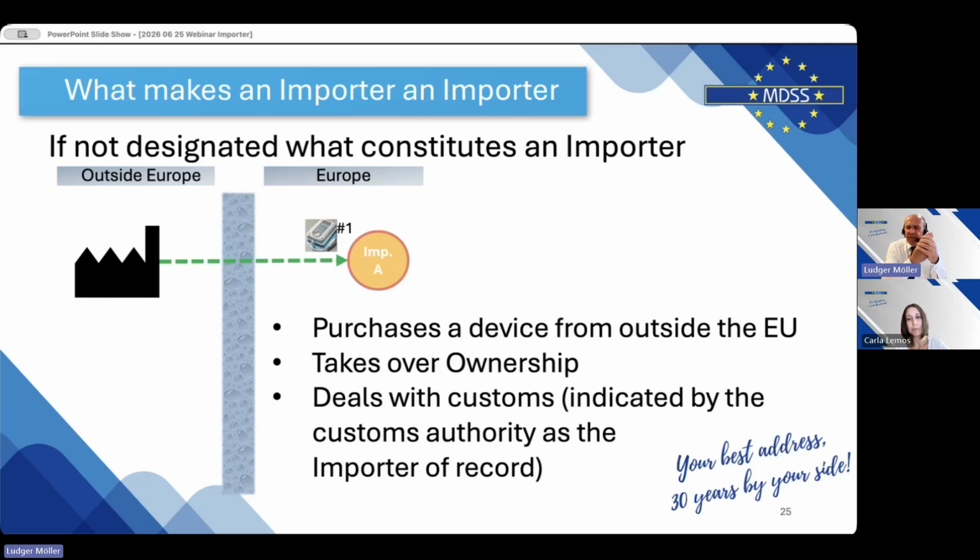Those are great indications that I am the one who is importing the product and the requirements apply to me. So I'm aware of this service. We have entertained that as well, and we will, what can I say, support clients when they would like to do that. We have seen different approaches by different competent authorities.